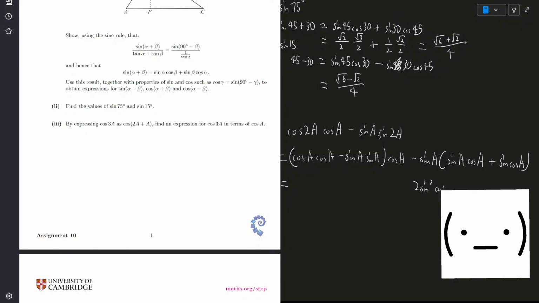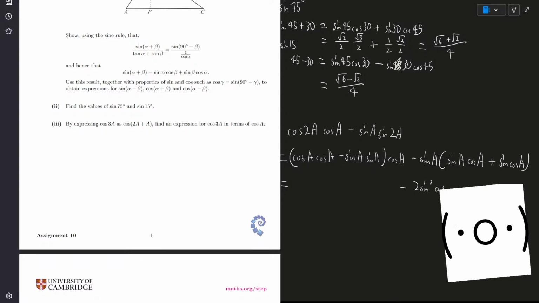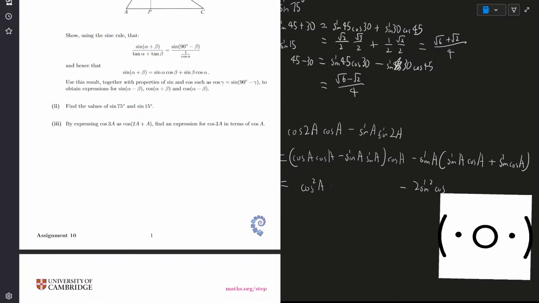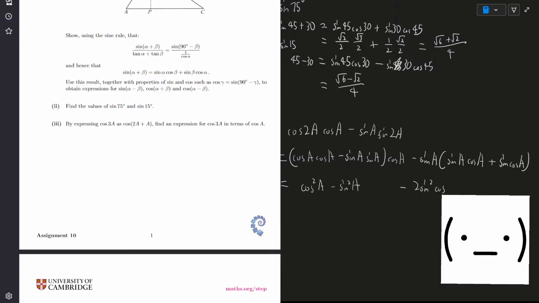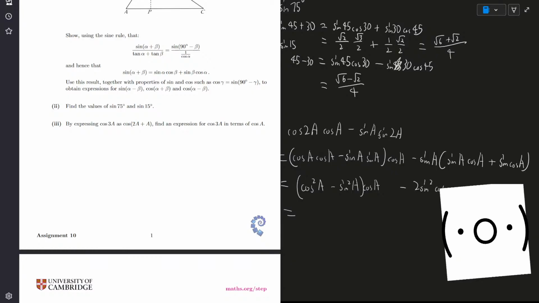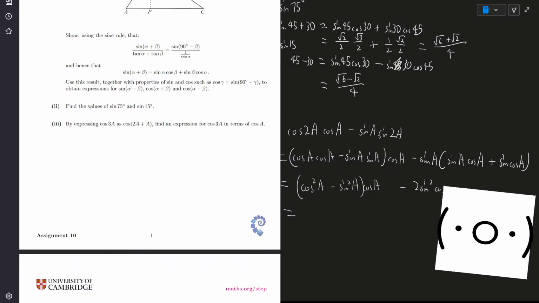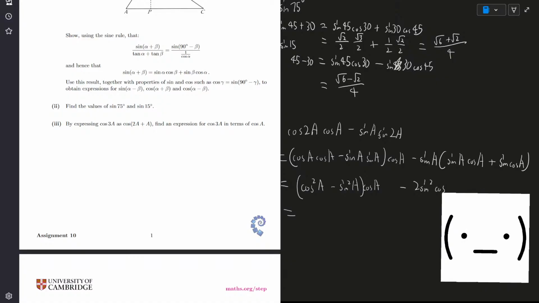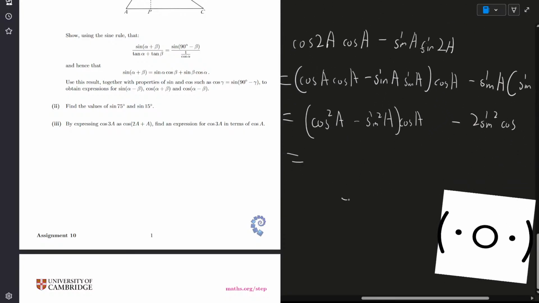2 cosine, and then you have cosine sine, which you can render into the wonderful, sorry, how did you do this again?